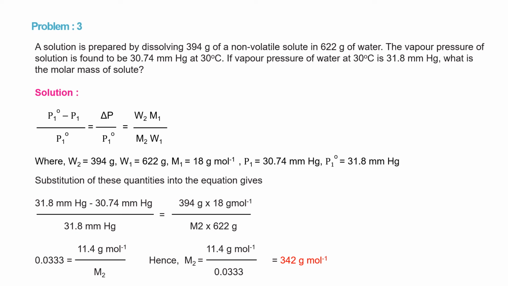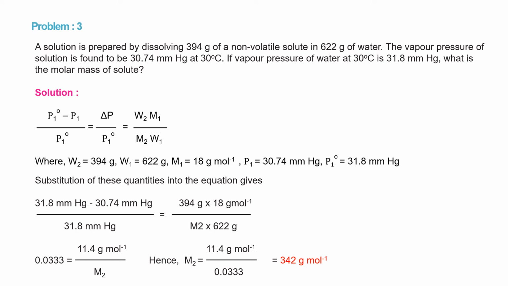Okay. Next, the vapor pressure of the solution is found to be 30.74 mm of mercury at 30 degrees Celsius. See, in this case they have given you the vapor pressure of the solution, which means they have given you the P1 term.